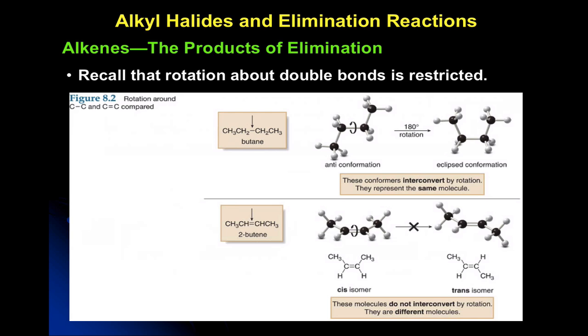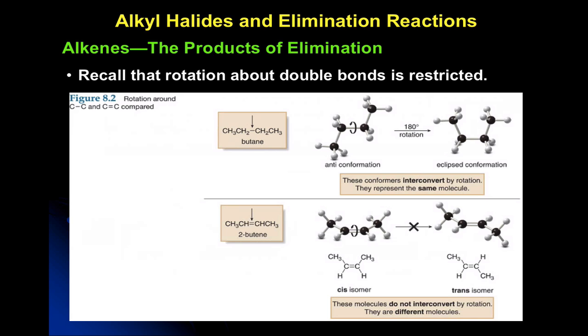However, when we put in a carbon-carbon double bond, we've actually stapled this molecule into a particular conformation, if you want to use a layman's term. We can have 2 possibilities for 2-butene. We can have the 2 methyl groups on the same side, which is the cis conformation, or the cis isomer, and we can have the 2 methyl groups on opposite sides, so these are trans. These will not interconvert readily. Why is that?